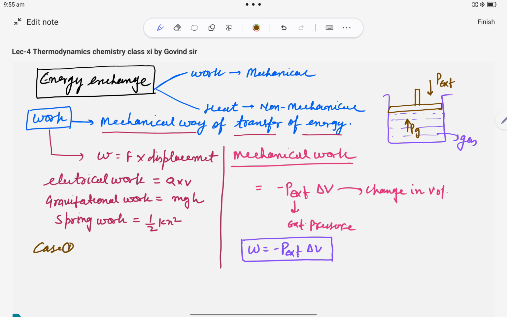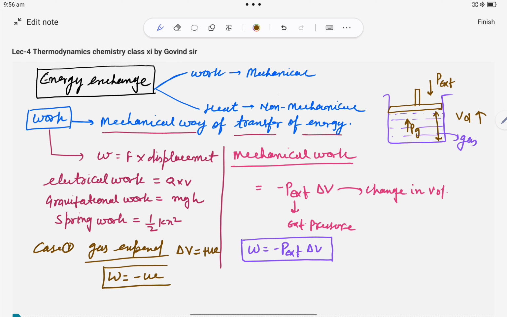Case number one: if the gas expands, that means volume increases. If volume increases, delta V will be positive, so work will be negative.